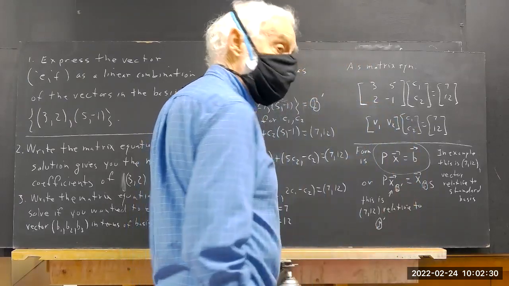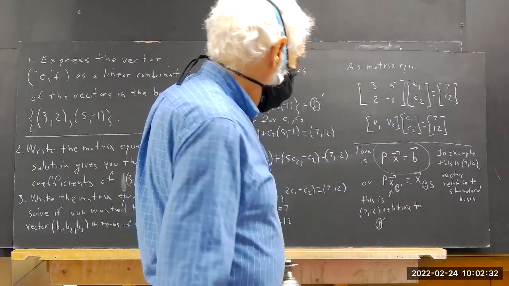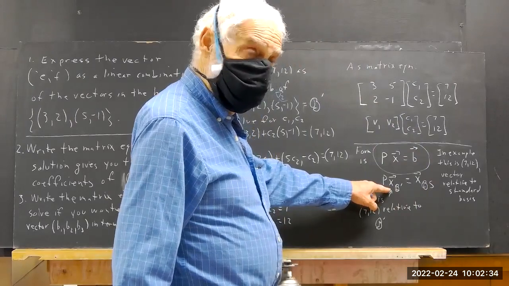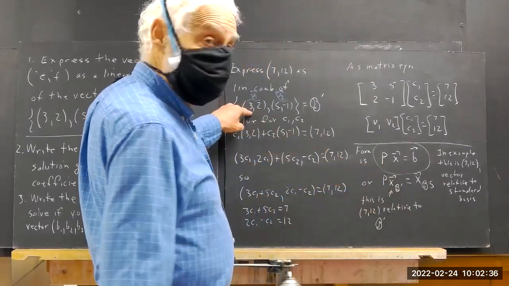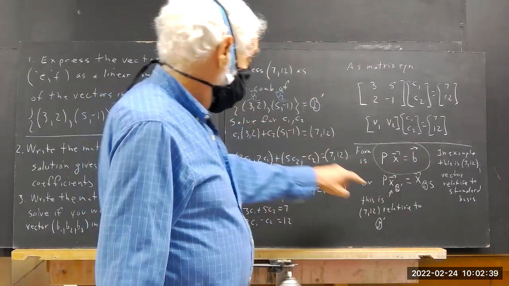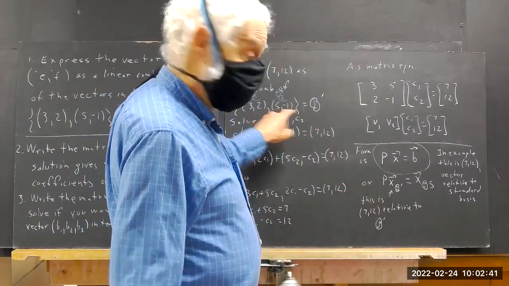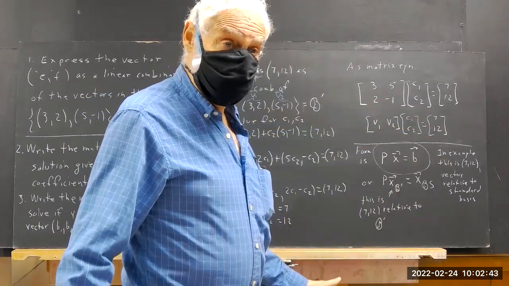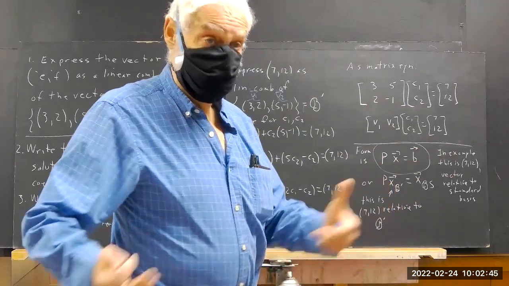That's what sub B prime means. And what it means is whatever you get here, you take the first coordinate and multiply it by this, and the second coordinate and multiply it by this, and you're still going to get 7, 12. Or you're still going to get whatever the vector was.